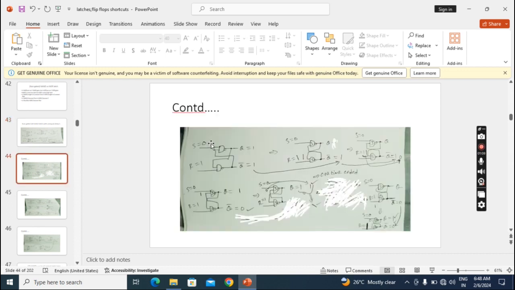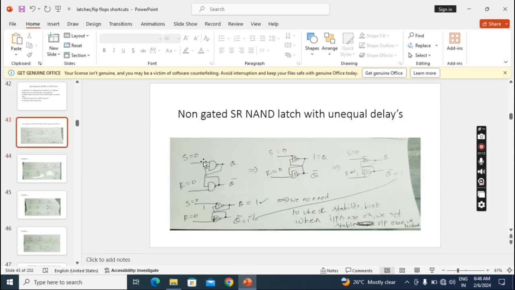Second, suppose you apply 1 1 as the second condition. When you apply 1 1, keep the upper gate faster, then check the output. Then apply the same 1 1, now keep the below gate faster, then check the output. In these two conditions you will get different outputs. That makes the difference.